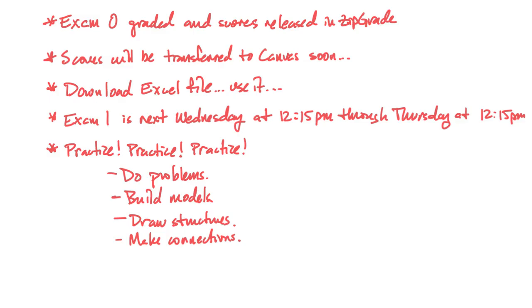So go to your e-text, go to the end of chapter 1, pick out some problems, just start doing them. And as you go through that process, you might encounter a term that you don't know, then you can go read about it. When you do the problems first, you have a context of what's important. If you're reading, you're not really engaged so much. So when you're doing the problems, you're engaged.